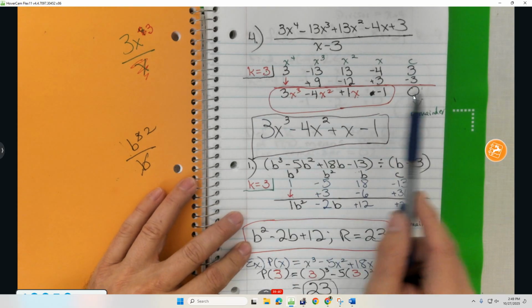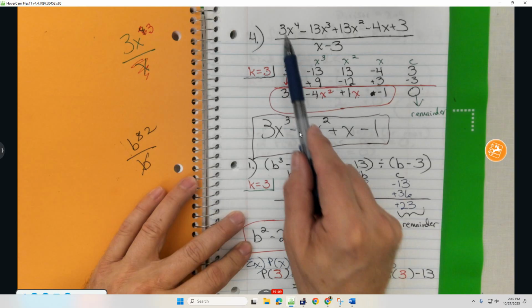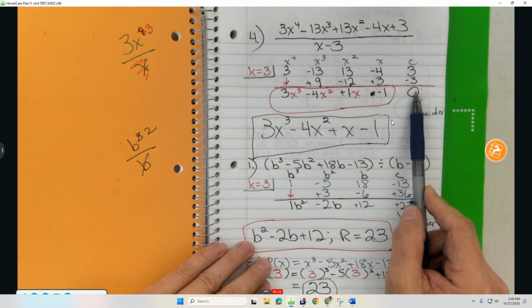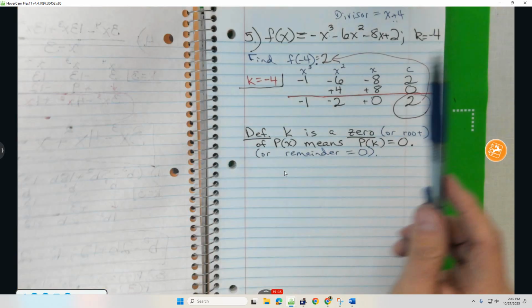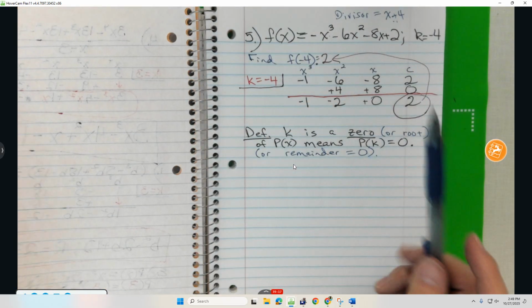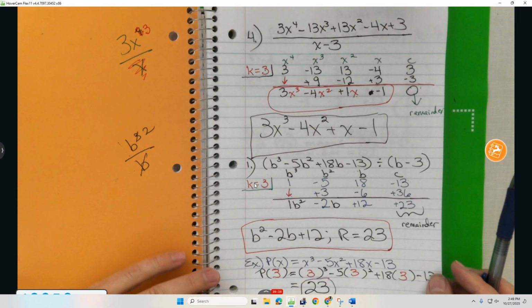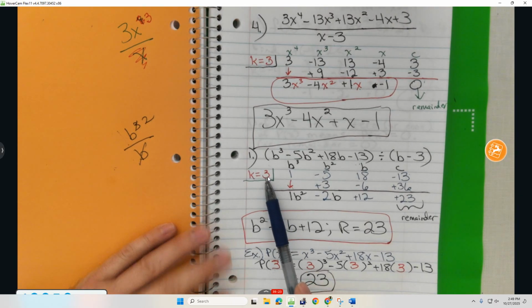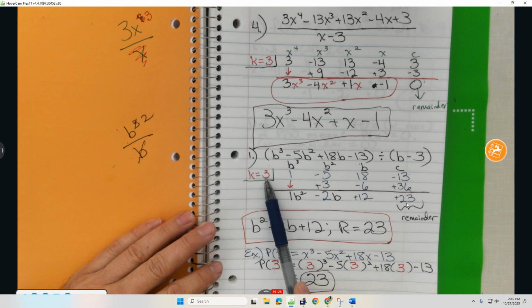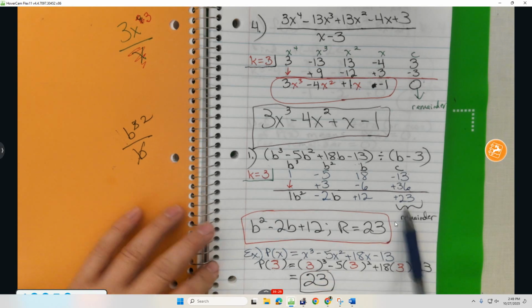Yes, because if you plug in 3 into the top, you get 0. So 3 is a 0 on number 4, but on number 5, negative 4 is not a 0. What about this red 3 on number 1? Would that red 3 be a 0? No, because if you plug in that red 3, you're going to get a 23.